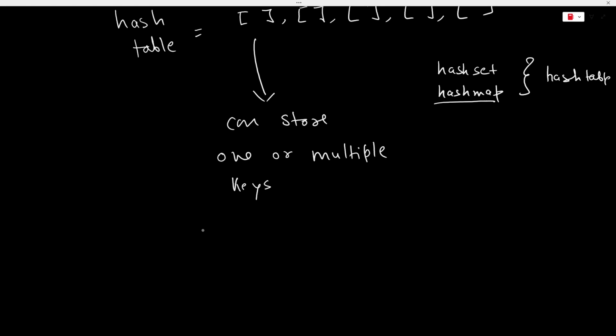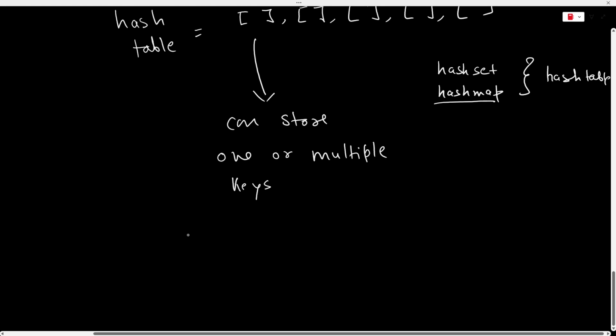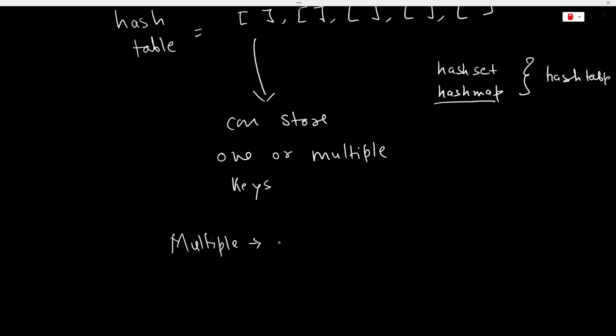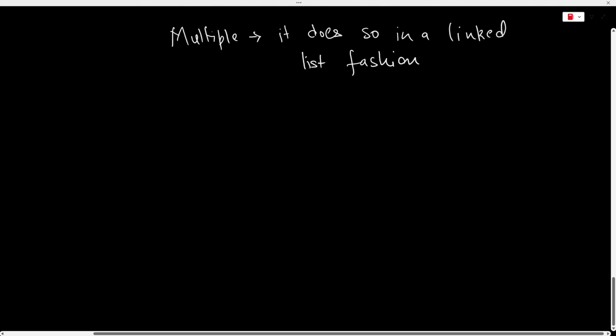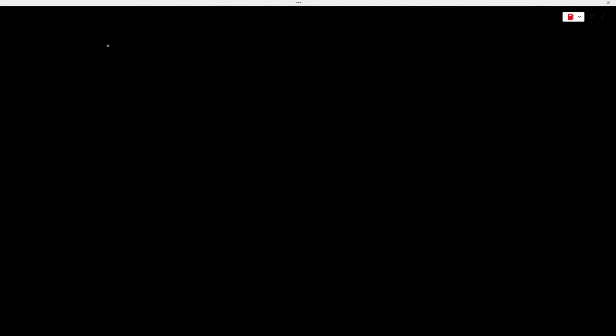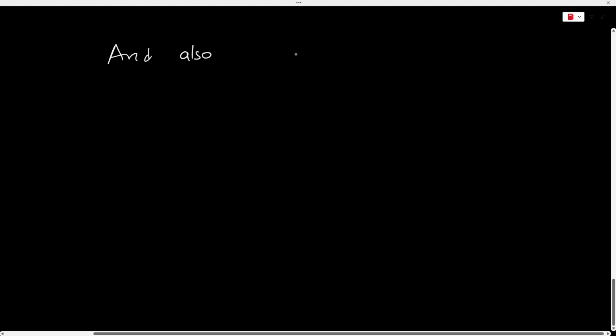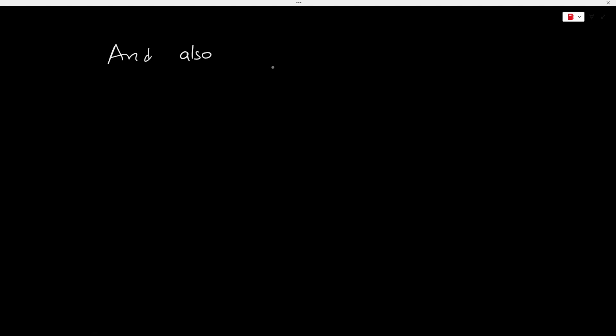When it stores a single key, that's simple. But when it stores multiple keys, it does so in a linked list fashion. And that linked list thing becomes important when we discuss the time complexity. But just for now, keep that in mind.